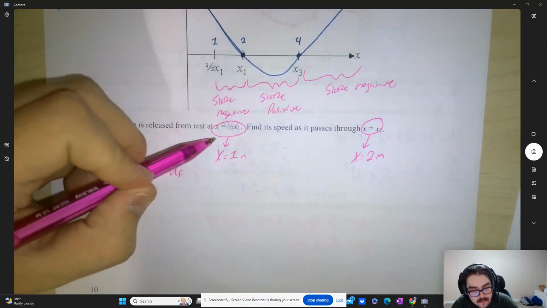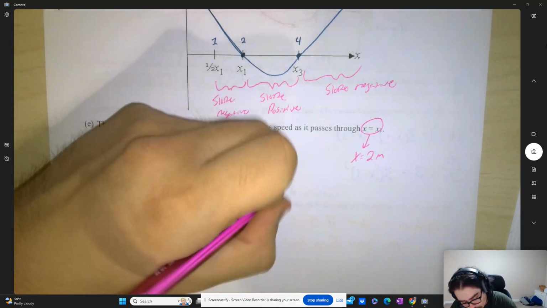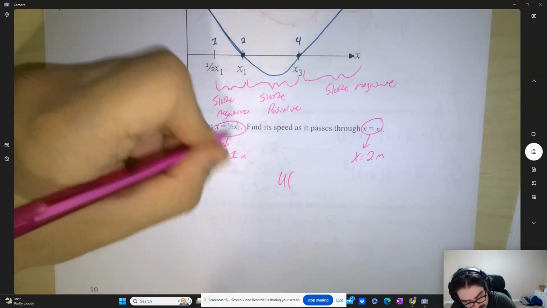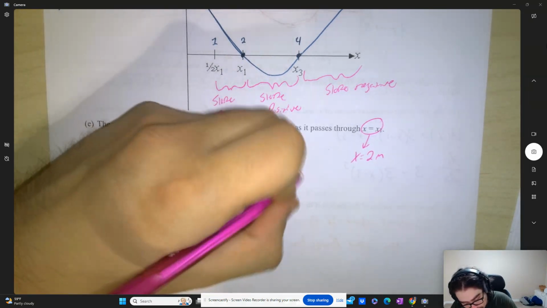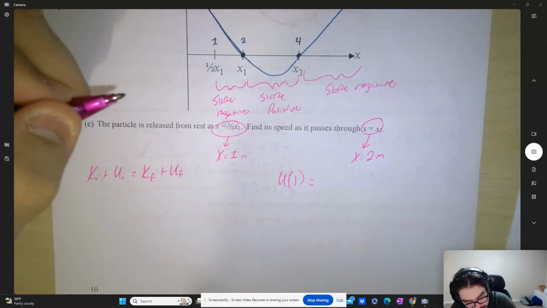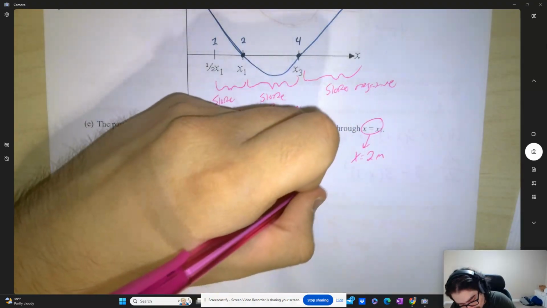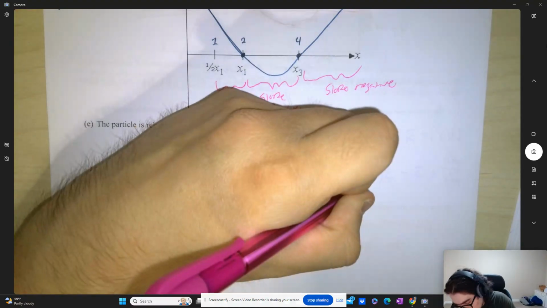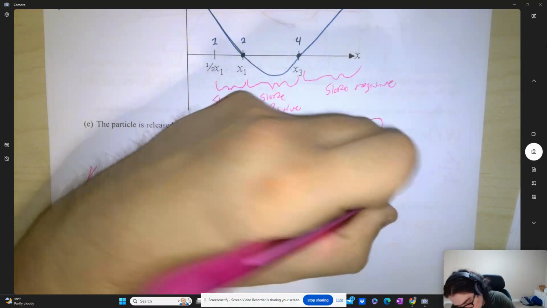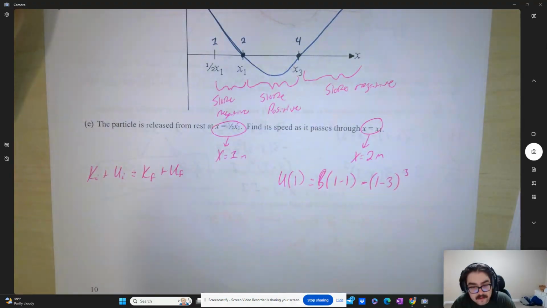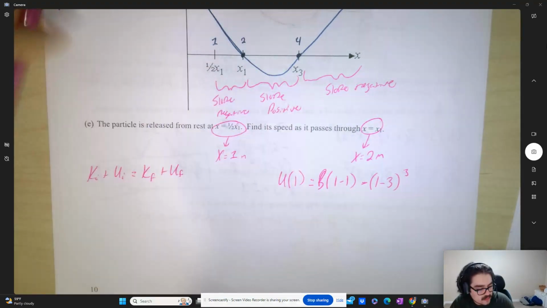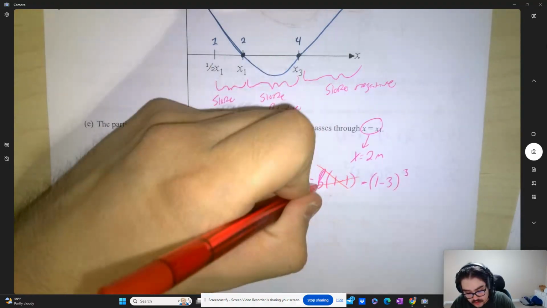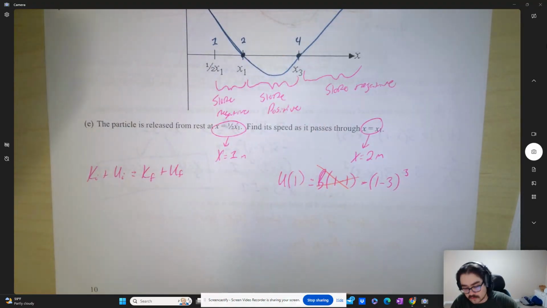So U of 1 equals 3 times (1 minus 1) minus (1 minus 3) cubed. This whole first term is 3 times (1 minus 1), which gives you 0.